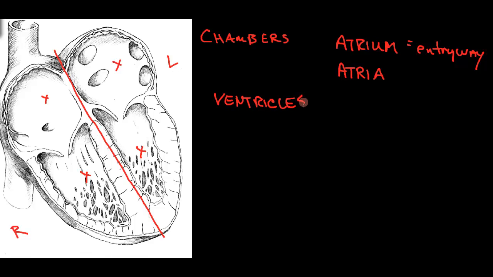Ventricles. We have a right ventricle and a left ventricle. And then above we would have a right atrium and a left atrium. And let's talk a bit about what their roles are.